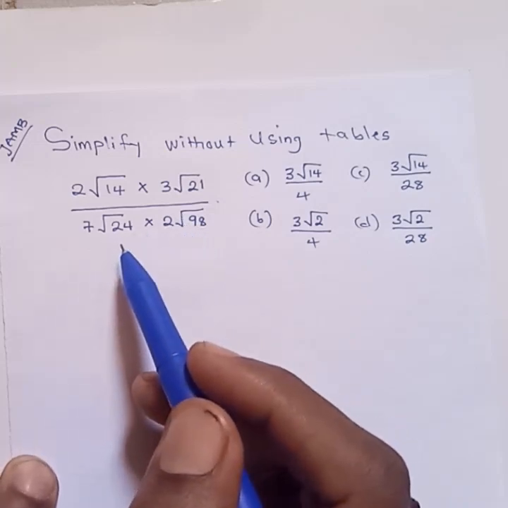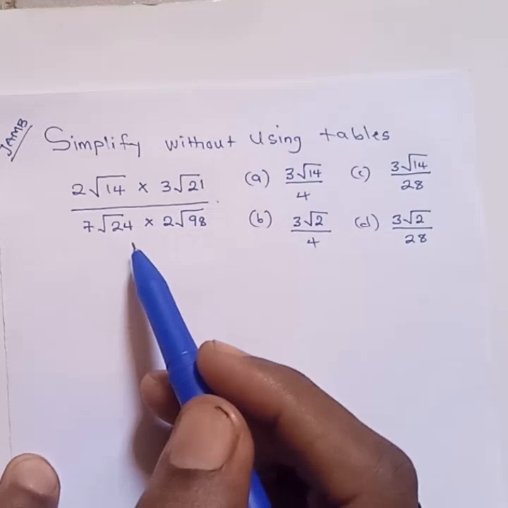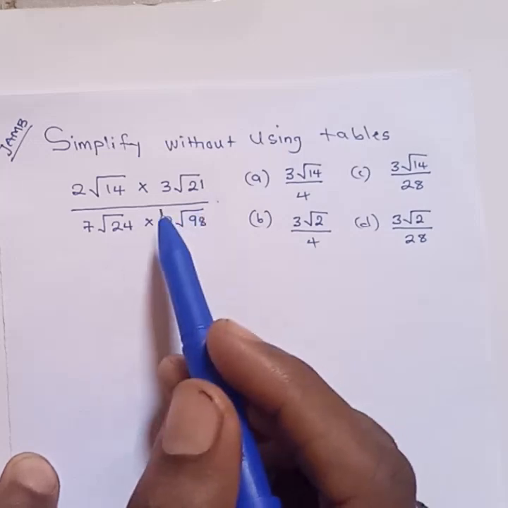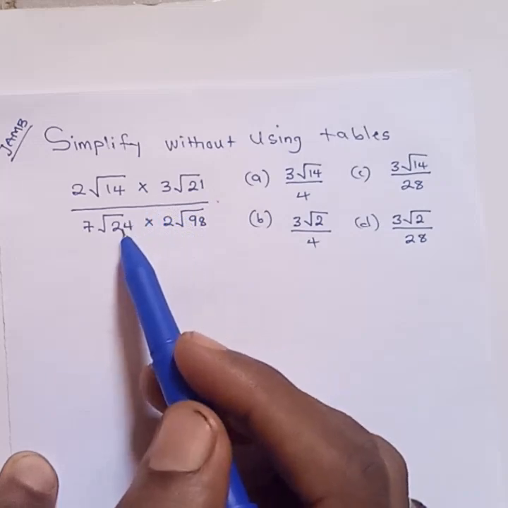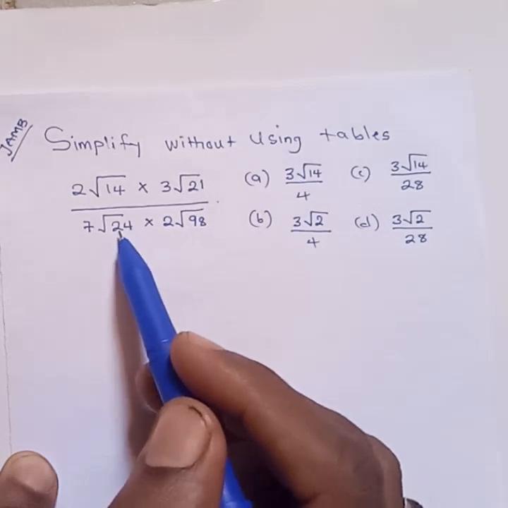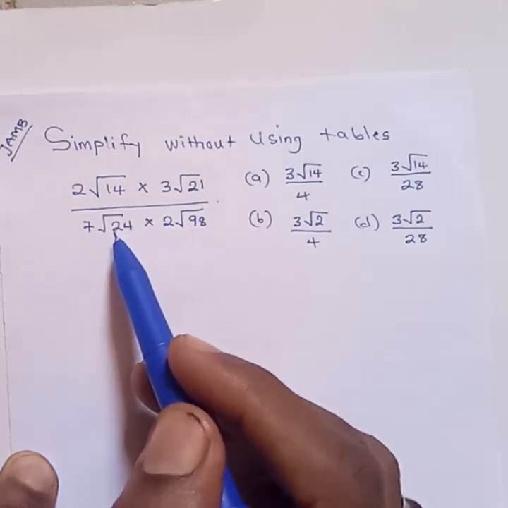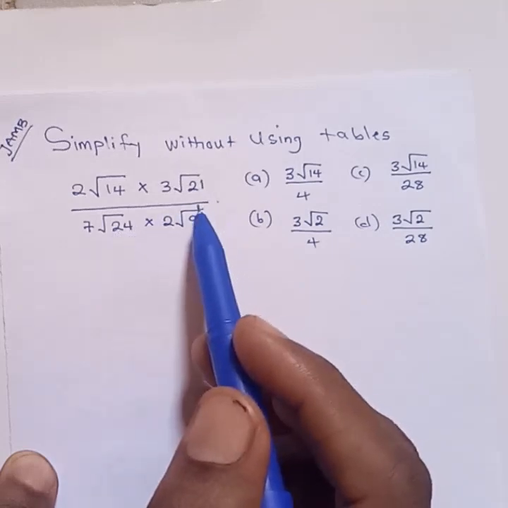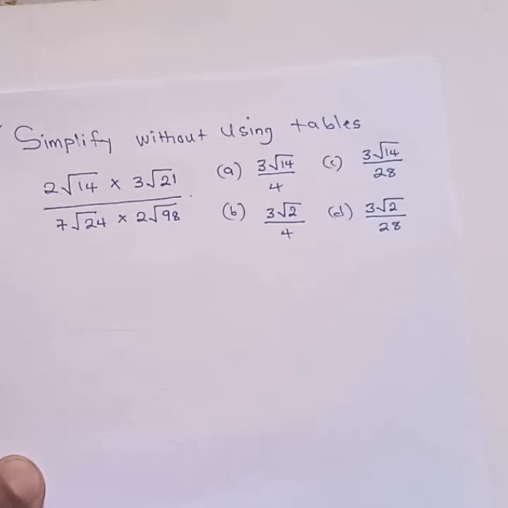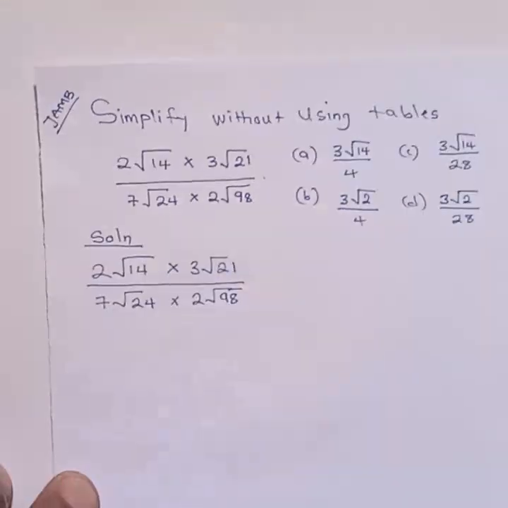If not, then look for a common factor or relationship within the numbers that allows you to break it down. For example, this is 24. So we can break 24 into 4 times 2 times 3. That is the logic. Perfect square first, then look for relationships.